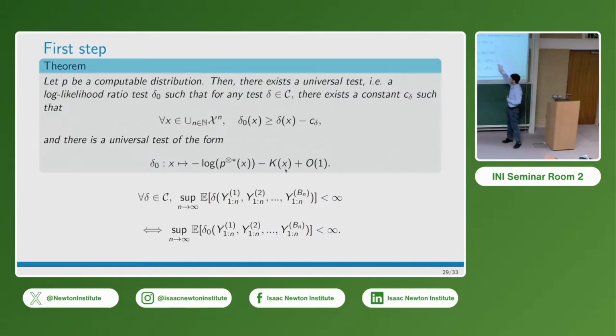And then 2 to the minus K of x will be extremely small, and negligible in some sense. So there's this idea that the best way of judging realism is comparing the likelihood under your target distribution and the likelihood under this universal distribution, the so-called Solomonoff distribution.